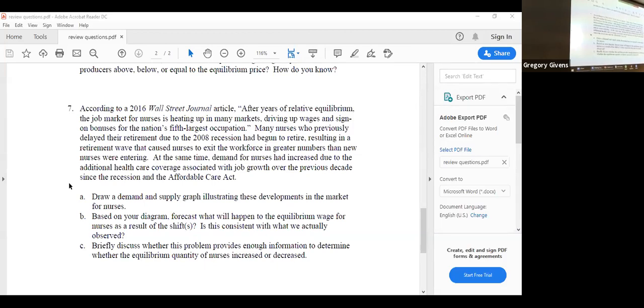Part A, I want you guys to draw a demand and supply graph simply illustrating the developments that are being discussed in this article on the market for nurses. And then for part B, I want you to forecast what you would expect to see happen to the wage for nurses as a result of what you describe in part A. Is it consistent with what is actually being described or observed in the article?